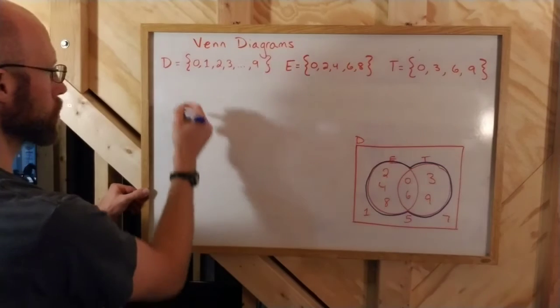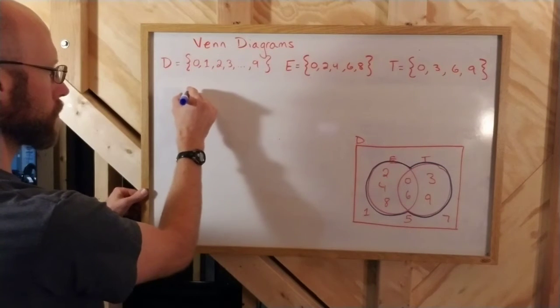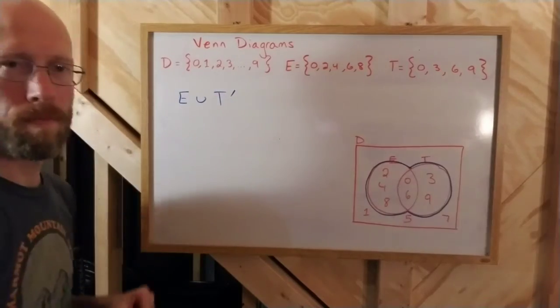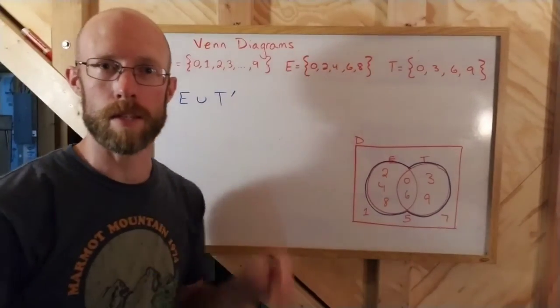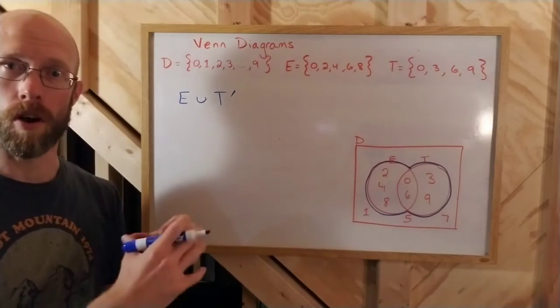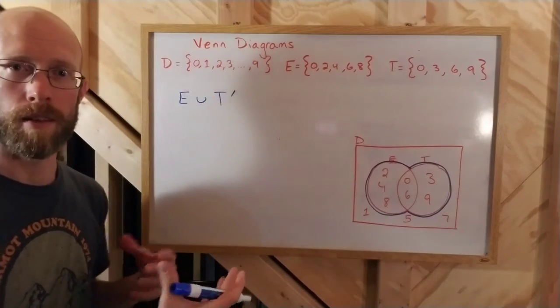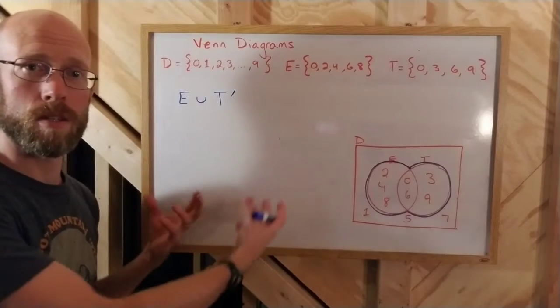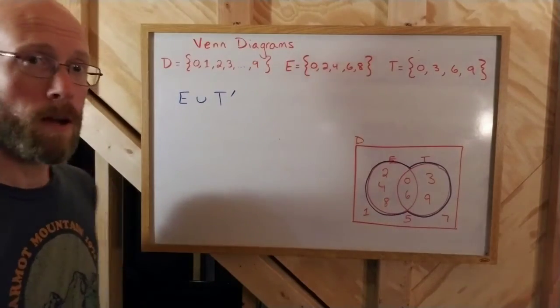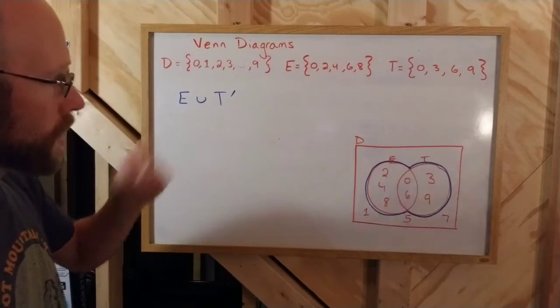So maybe we do E union with T complement. Let's try that one. I'm just making some stuff up, just scrambling things. Obviously, I can't give you an example of all the different combinations, it would just take too long. But at least give you an idea and a feel for how to construct these. So E union T complement.